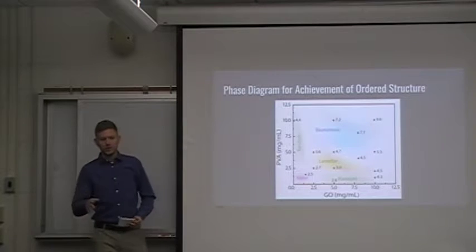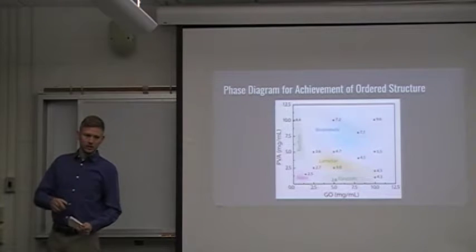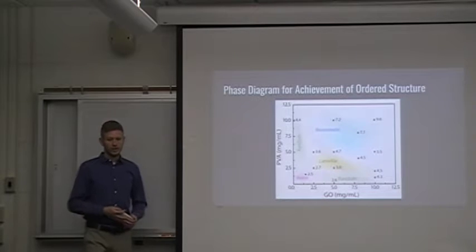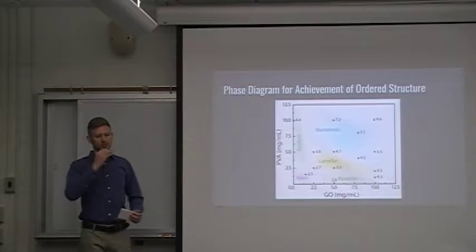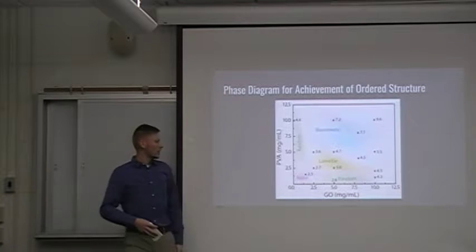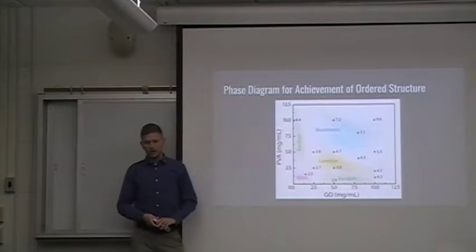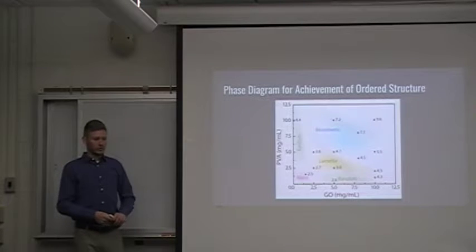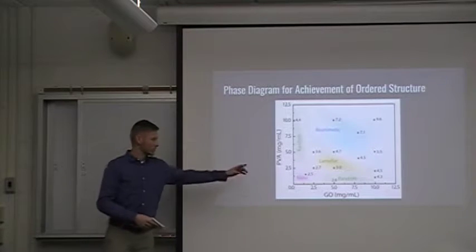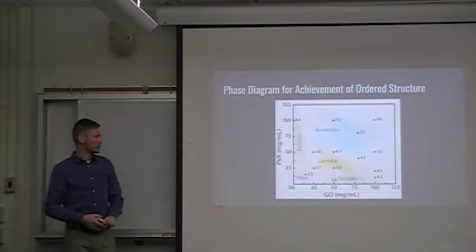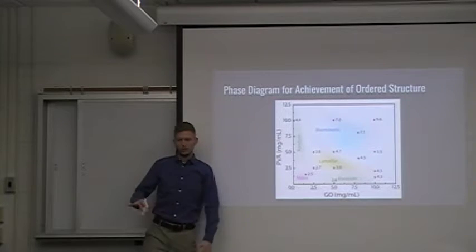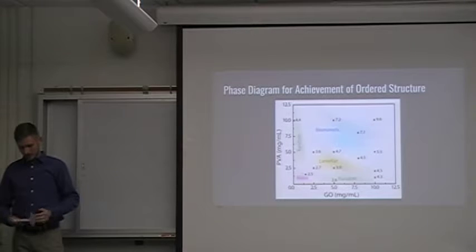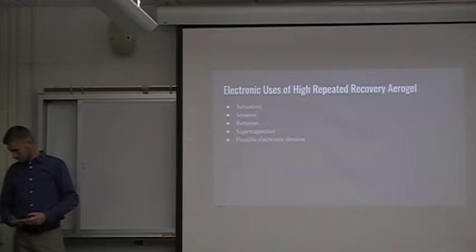So the PDMS, polydimethylsiloxane wedge, is not the only contributing factor to it being a biomimetic versus random architecture. And lamellar, recall the graphene oxide, it had minimal PVA and no bridges, so lamellar is just the layers with no bridges. And biomimetic, that is what we were shooting for in this series of tests.